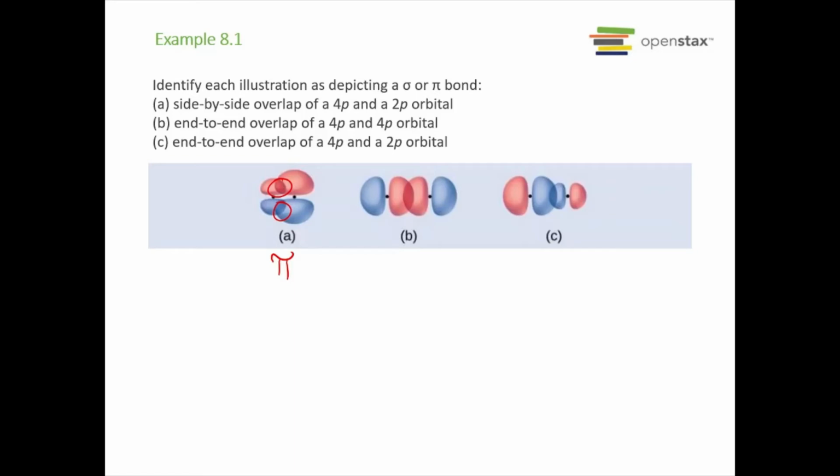In B, we're told end-to-end overlap of a 4p and another 4p orbital. This is end-to-end, along the internuclear axis. So this is going to be a sigma bond. I usually make prettier sigmas. And in C, we have another end-to-end overlap. This time it's a 4p and a 2p orbital, but again, end-to-end along the axis. This is also a sigma bond.